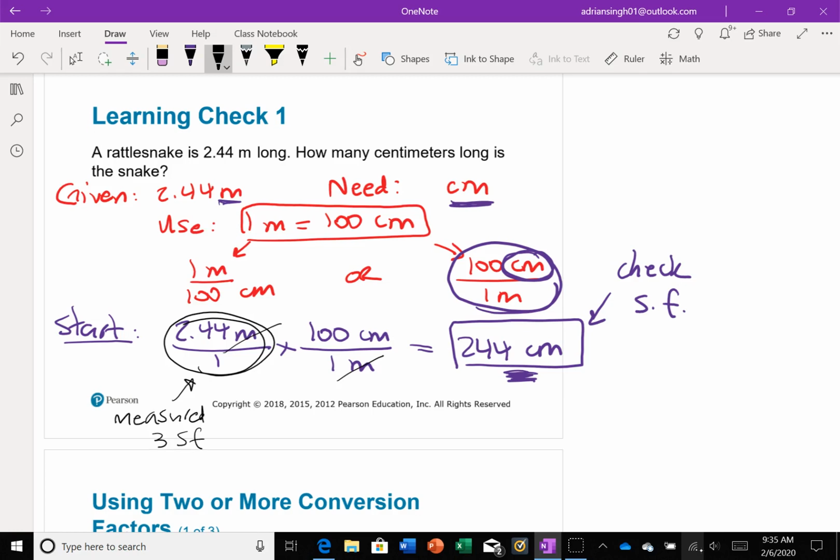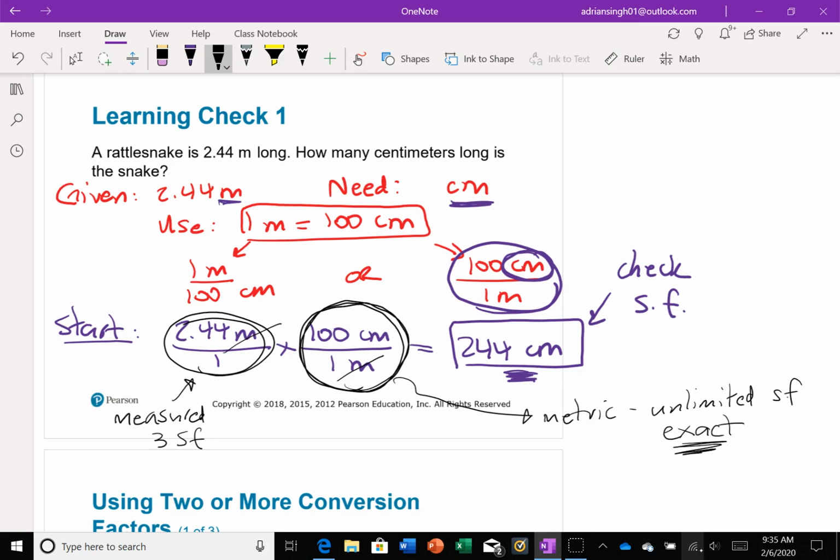We're multiplying and dividing by that relationship, which is a metric relationship. And remember, your metric relationships all have an unlimited number of sig figs because these are exact relationships.